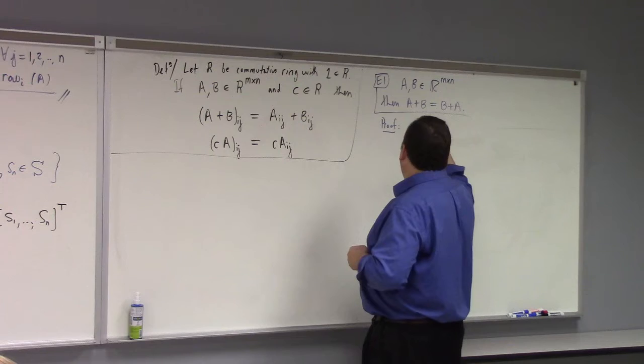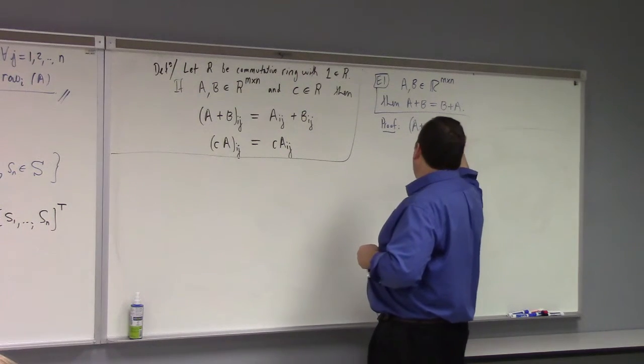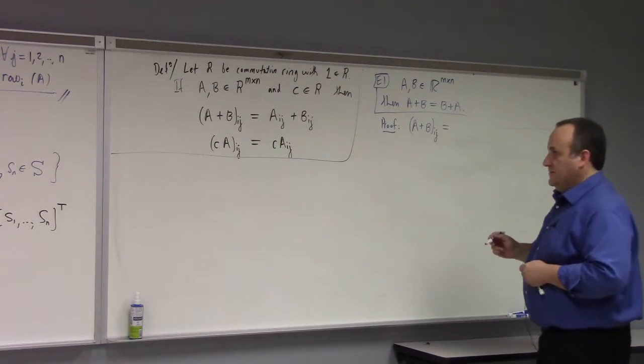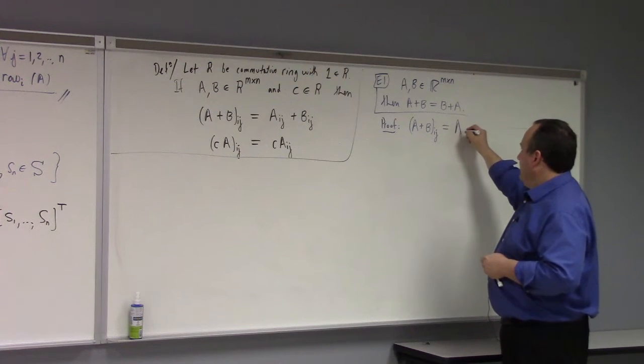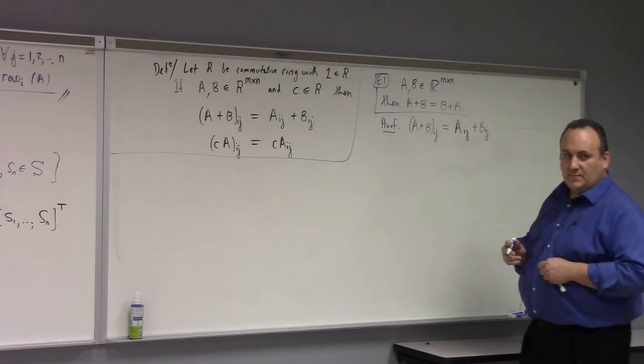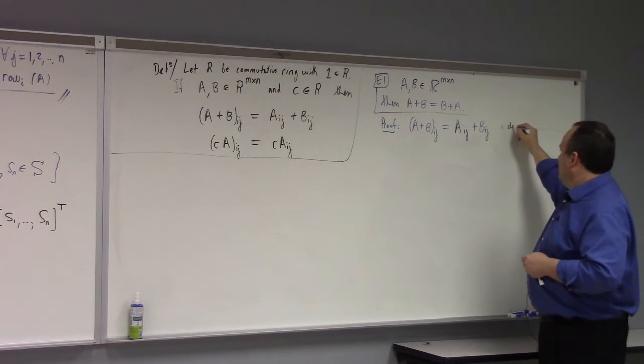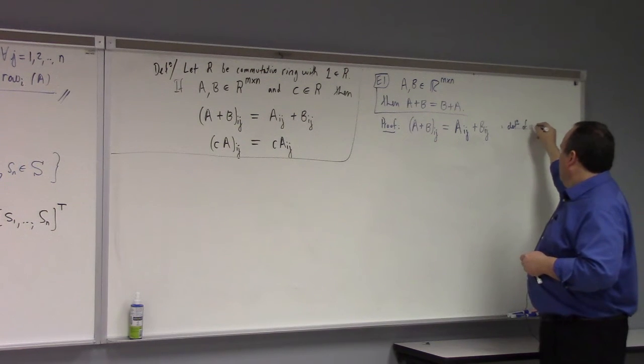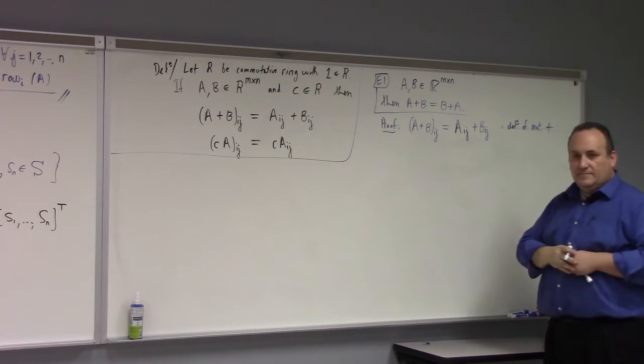Well, (A plus B)_ij, by definition, is what? A_ij plus B_ij, right? And I write the reason over here: definition of matrix addition, right?